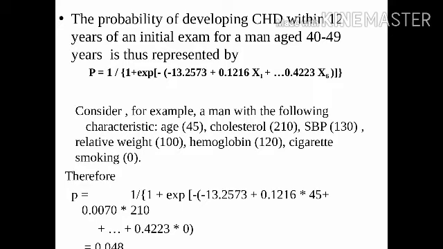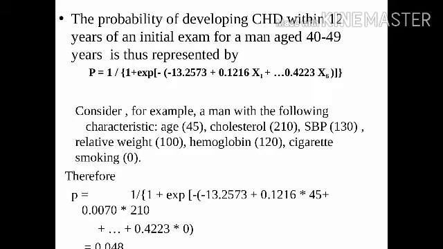Now, the probability of developing CHD within 12 years of an initial exam for a man aged 40 to 49 years is represented as follows. We can apply those regression coefficients to the logistic regression model. What is the model? That is p equal to 1 divided by 1 plus exponential of minus (beta naught plus beta 1 x1 plus etc. plus beta p xp). So the corresponding beta naught, beta 1, beta 2, etc. are the regression coefficients, and we can put the corresponding values in the equation.